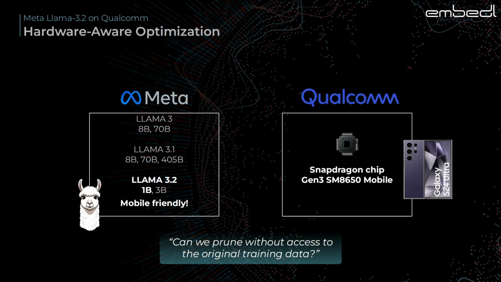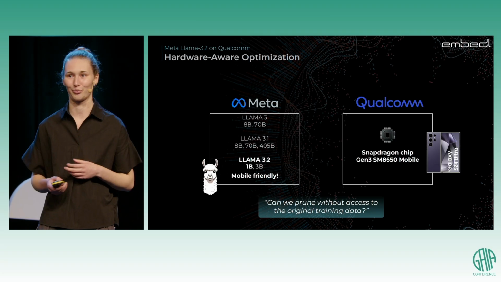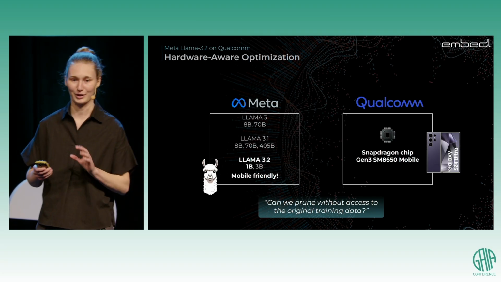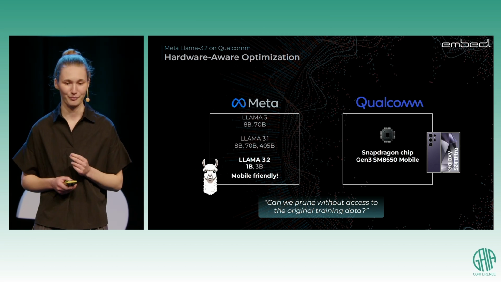And we looked at the Snapdragon chip from Qualcomm, which you're maybe not familiar with by the particular number, but you're maybe familiar with the Samsung Galaxy S24 Ultra, one of the newest flagship devices from Samsung. That's where the chip is used.